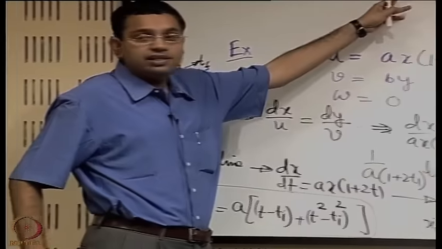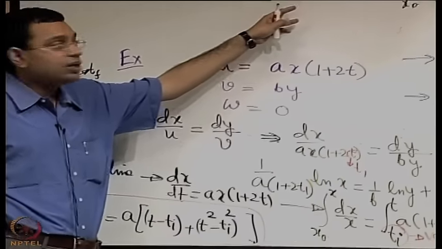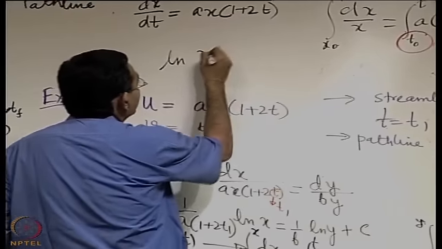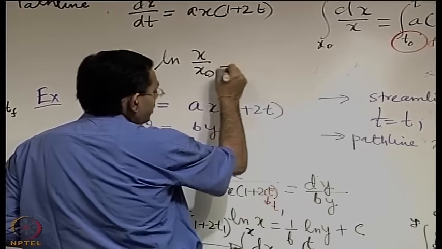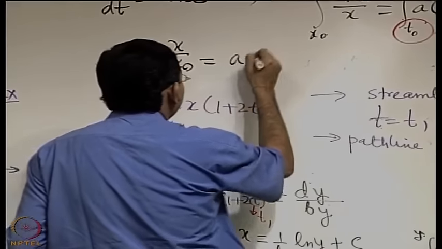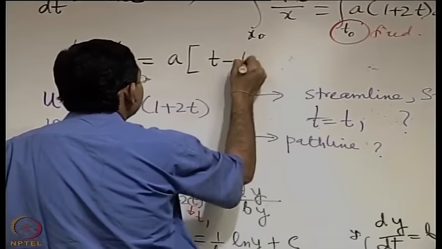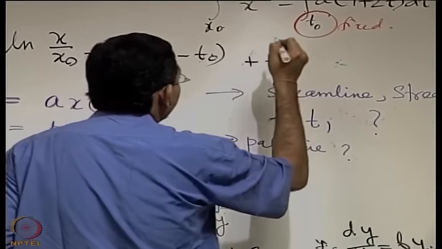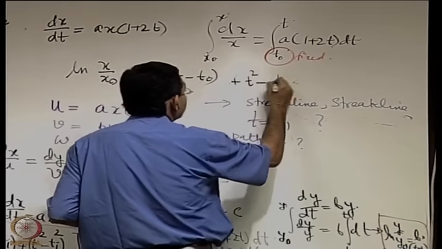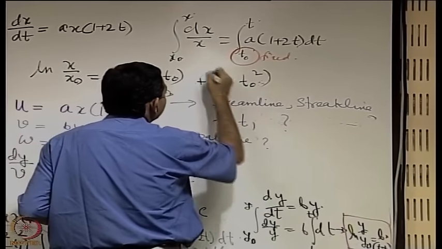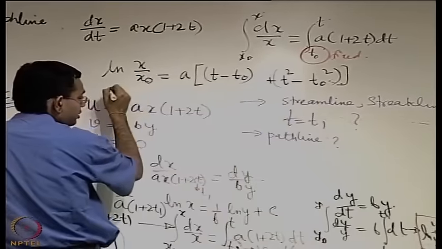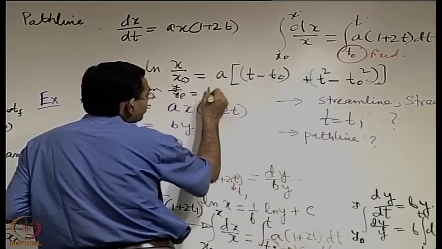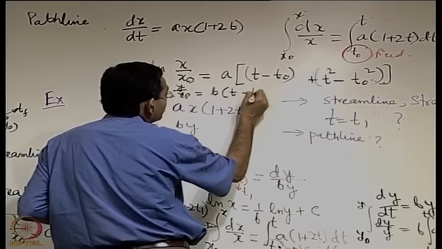Here that is not necessary, because here you can straightforwardly write ln x by x naught is equal to a into t minus t naught plus t square minus t naught square, and ln y by y naught is equal to b into t minus t naught.